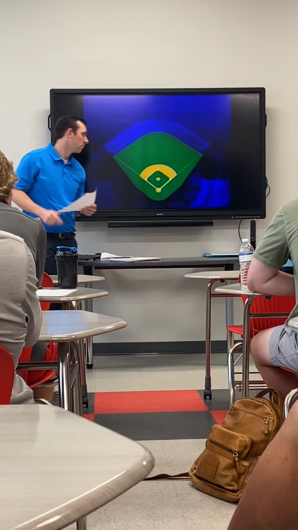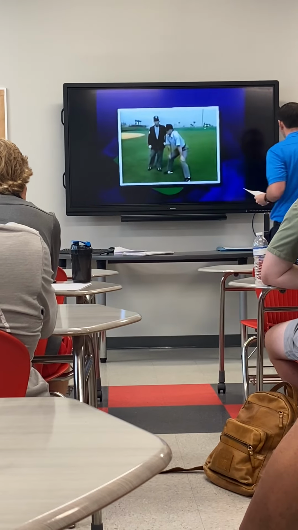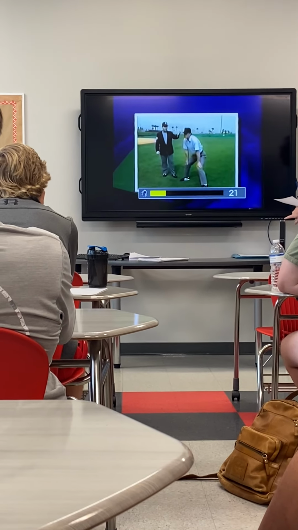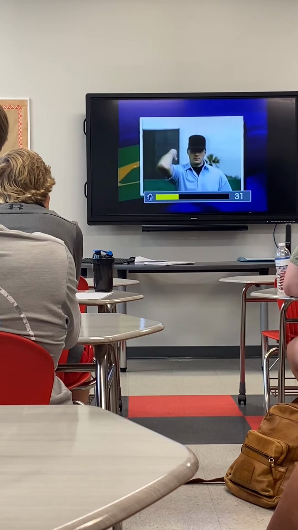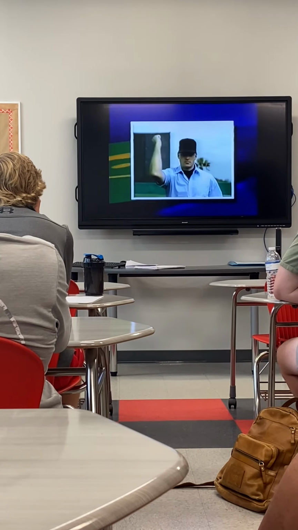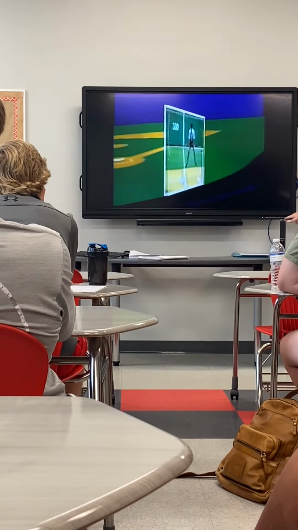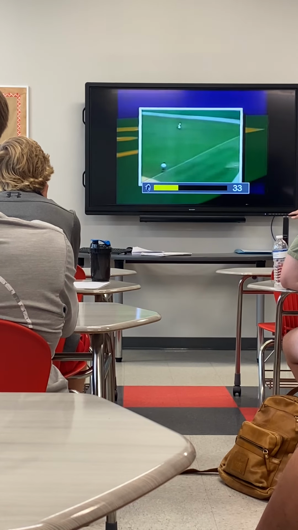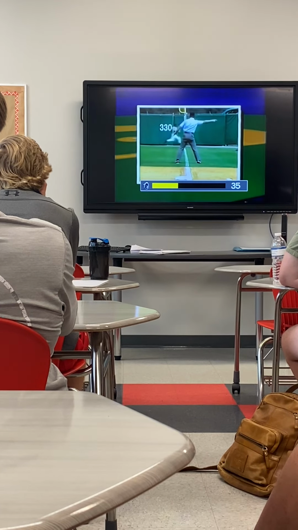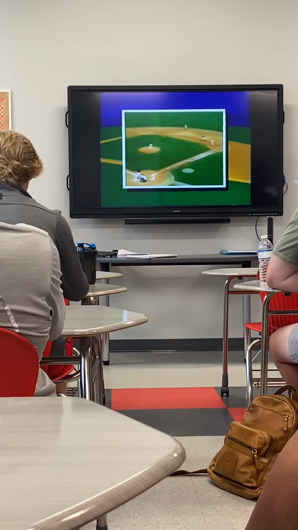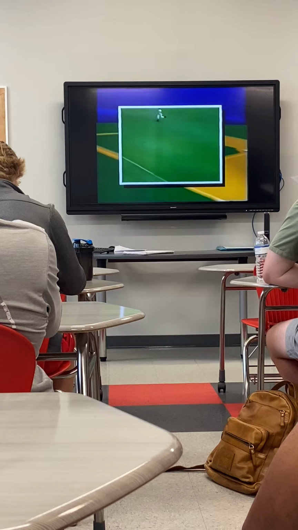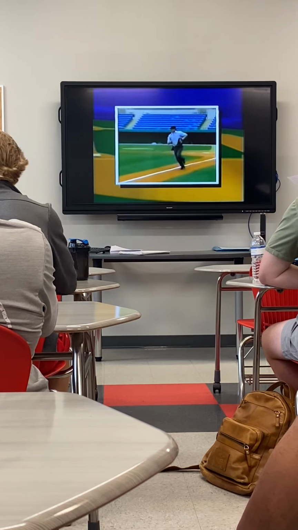Call safe or out. Calling out from this position, what we do is we stand. And we snap the wrist up. Make the fair or foul call. Use the 2 umpire system.